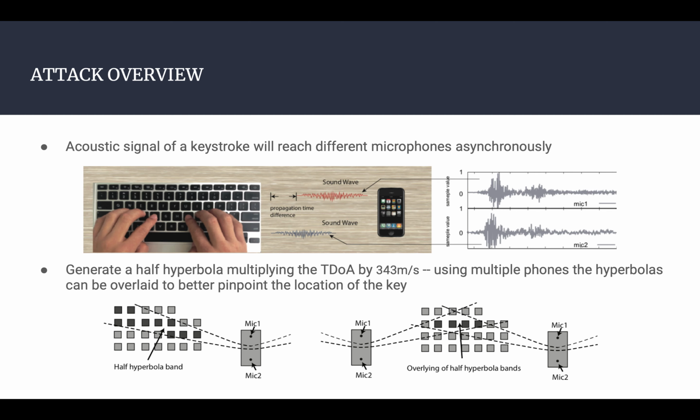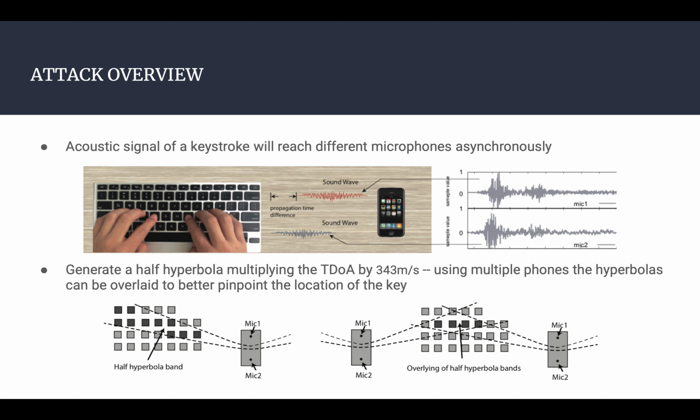And using a time distance of arrival algorithm and multiplying that by the speed of sound, which is 343 meters per second, the algorithm can generate these hyperbolas that can basically give an estimation as to what key was typed on the keyboard.